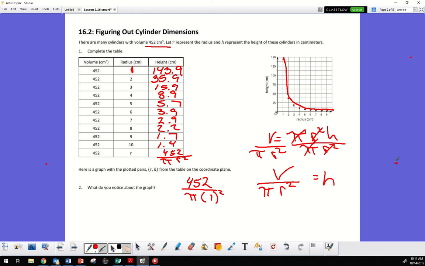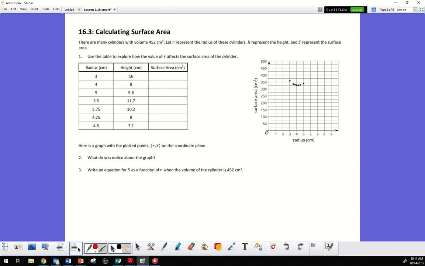Okay, so let's take a look at the next one then. Okay, so right here, same thing. Many cylinders with a volume 452 centimeters cubed. Let R represent the radius. H and S represent the surface area. Now, we're doing surface area this time.